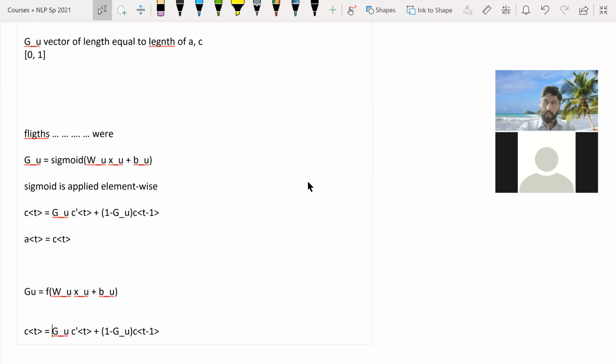One place is where they put it here. We have another gate which we call the relevance gate.